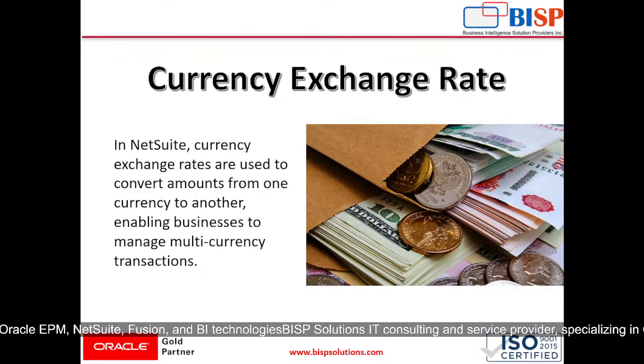Then currencies. NetSuite allows you to set up multiple currencies and manage exchange rates between them. Each currency has a standard ISO code. Example: USD for US dollar, EUR for Euro, like this.